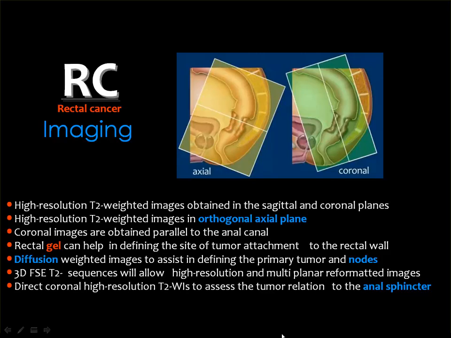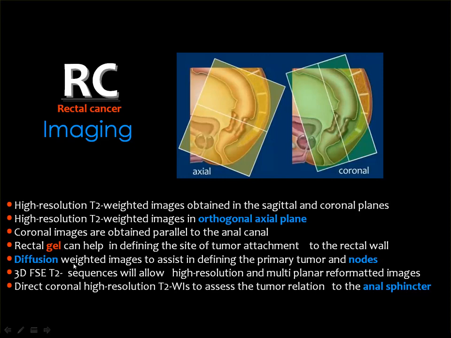This requires very good quality sagittal and coronal images, especially the sagittal, in order to have this orthogonal plane. Coronal images are obtained parallel to the anal canal, and we may introduce rectal gel to distend the rectal lumen and to facilitate evaluation of the tumor.